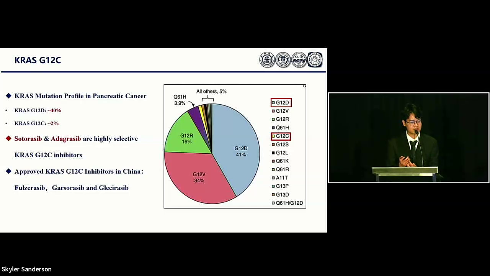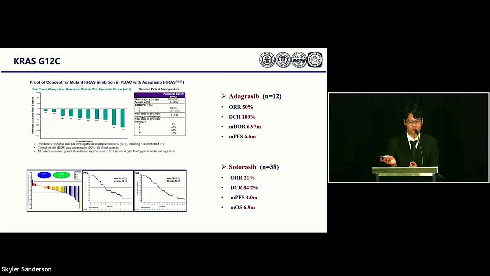It has to be mentioned that China is also accelerating the development of KRAS G12C inhibitors, such as fulzerasib, garsorasib, and glecirasib. We can see that in previous studies, adagrasib and sotorasib have demonstrated favorable anti-tumor efficacy. However, the frequency of the KRAS G12C mutation is extremely low. So nowadays, more and more attention has been drawn to the KRAS G12D mutation.